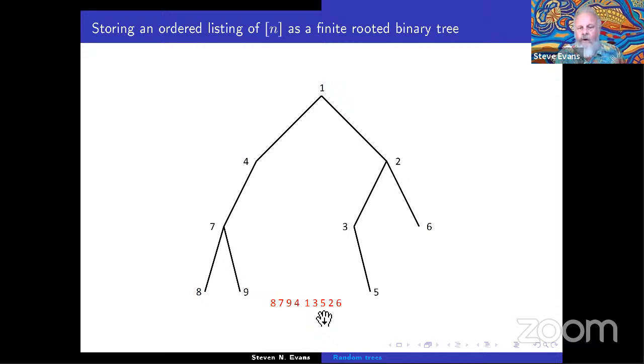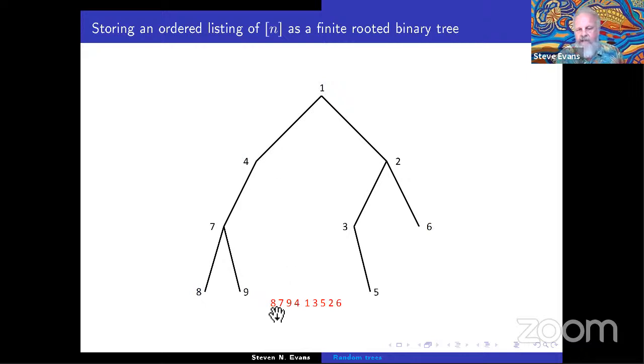Then all the numbers that appear in the list to the right of the smallest number are going to appear in the subtree to the right. So 3, 5, 2, and 6 are going to appear in this right subtree. 8, 7, 9, and 4 appear in this left subtree.